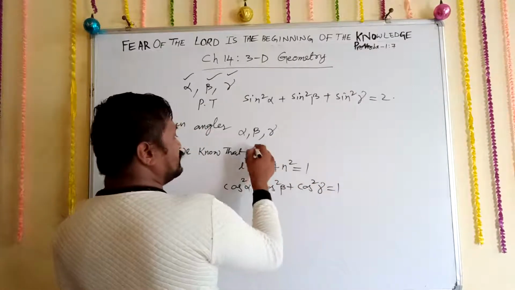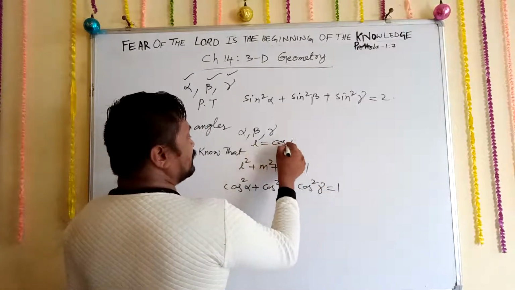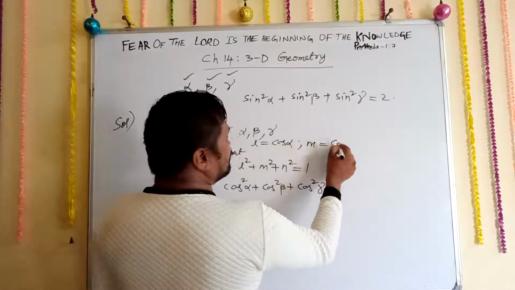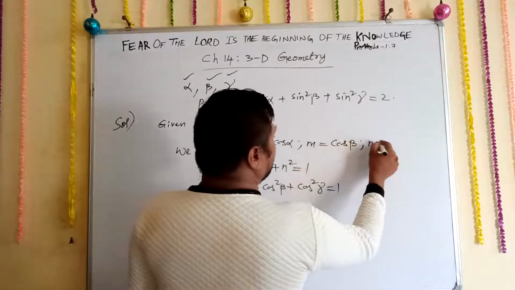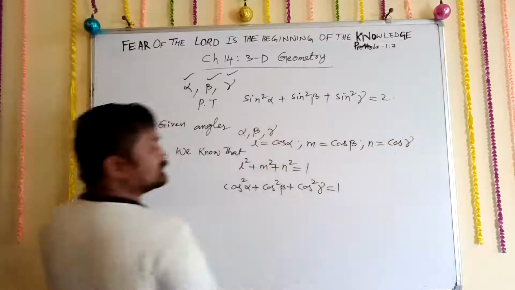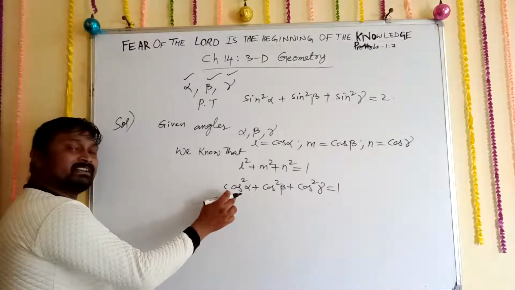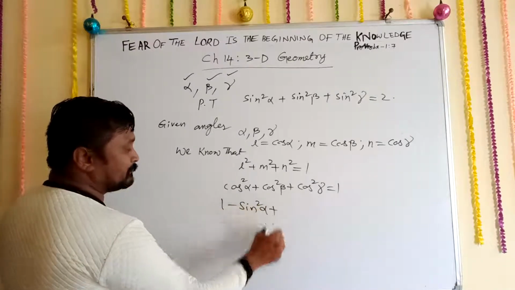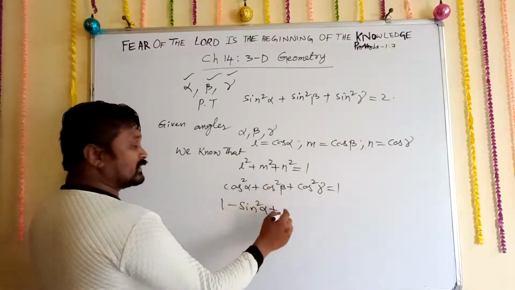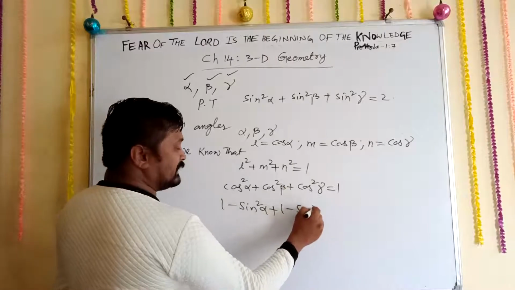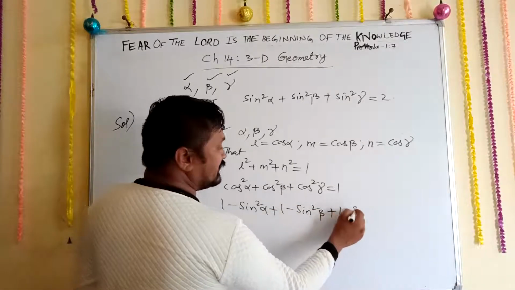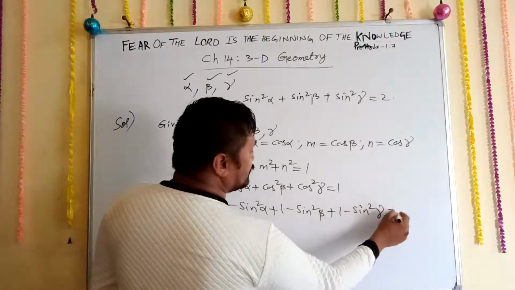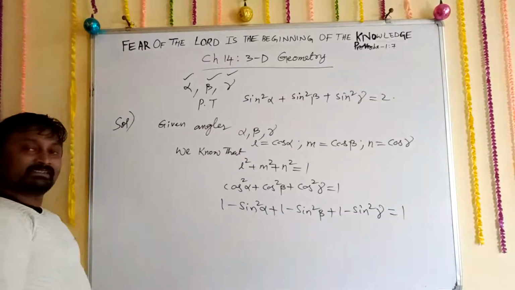Here L is equal to cos alpha, M is equal to cos beta, N is equal to cos gamma. Just substitute it, and cos square alpha is nothing but 1 minus sine square alpha, plus 1 minus sine square beta, plus 1 minus sine square gamma is equal to 1.